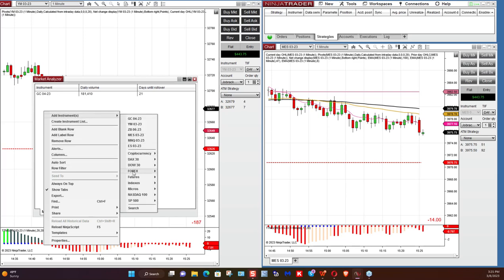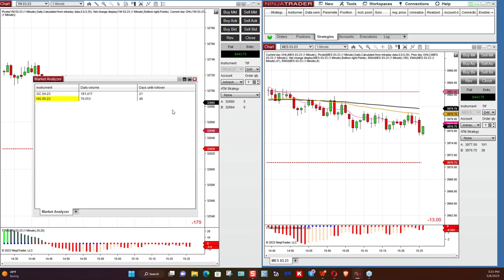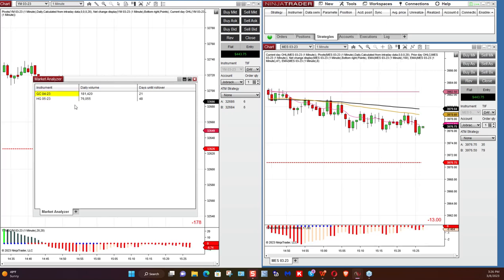And if we find the copper contract, it's pretty high because the day has been long, 76,000. But sometimes in the evening after the 6 p.m. market open, the volume will be very low. It'll be 6, 7,000. In that case, you're more concerned with liquidity.